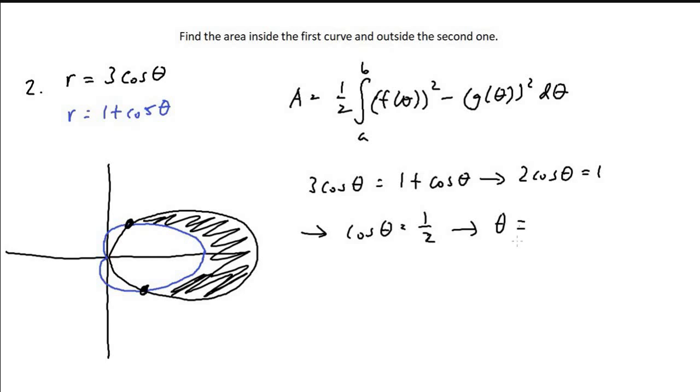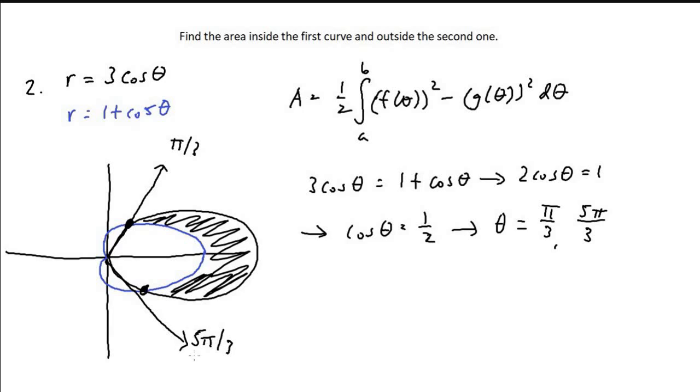That's going to be at theta equals pi over 3 and 5 pi over 3. As shown in this graph, it's about 60 degrees at pi over 3, and the other one is about at 5 pi over 3, even though my graph doesn't show it as well.